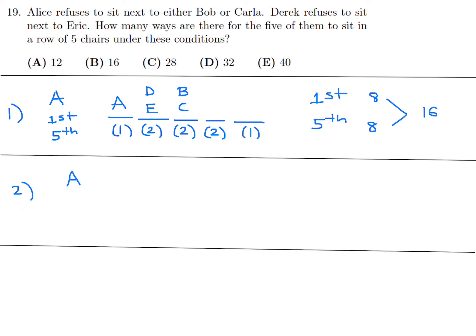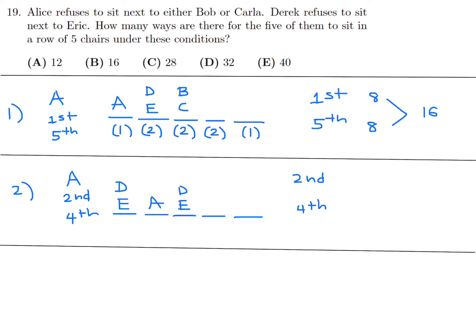Now let's put Alice in either the second or fourth position and see what we get. So now she's going to be either here or here. Okay, so let's figure out what we get. If she's in the second spot, the first spot has to be either D or E because she can't be put next to B or C. The third spot, same thing.